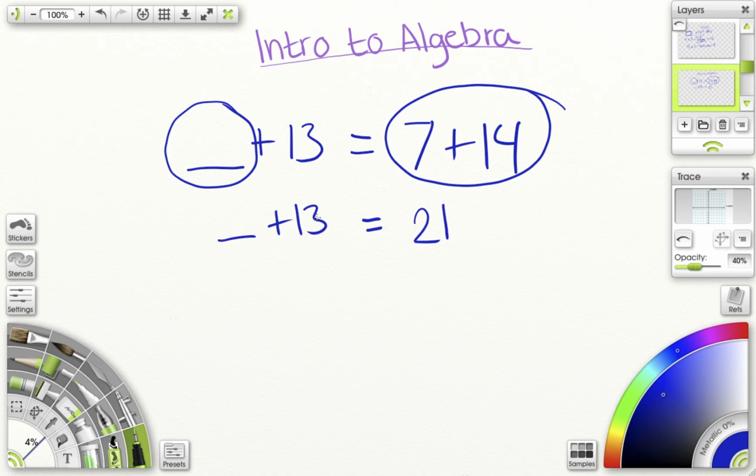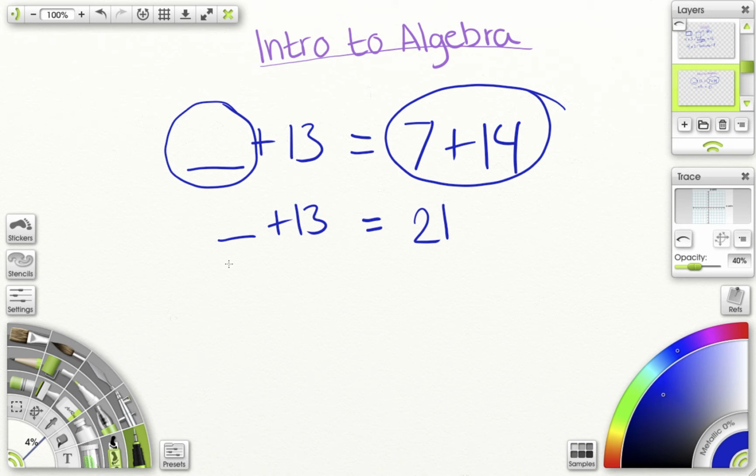So this is how our work for algebra is going to go today: you're going to have an equal sign in the middle and a problem on each side. What you need to do is solve the side of the problem that has no blanks. You solve that side, and then on the other side, you need to figure out what fits in that blank spot.